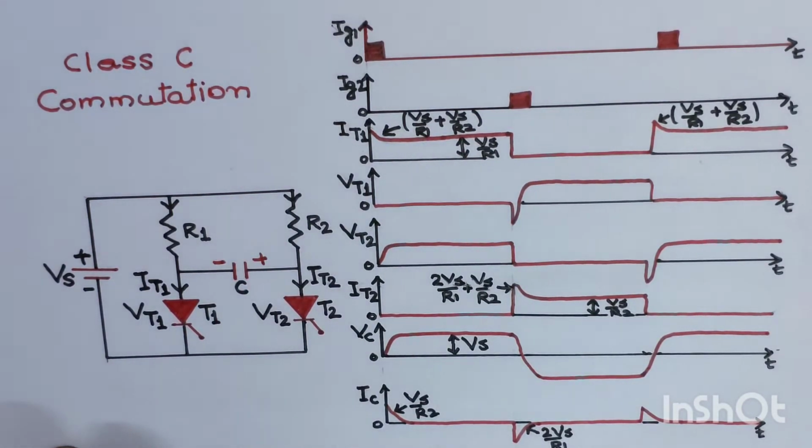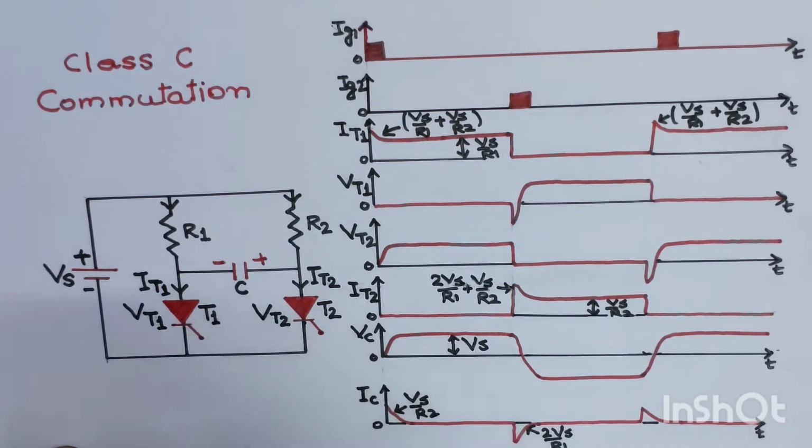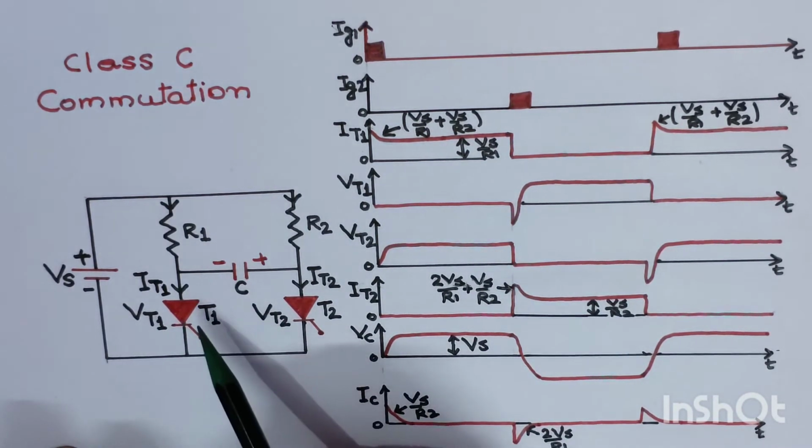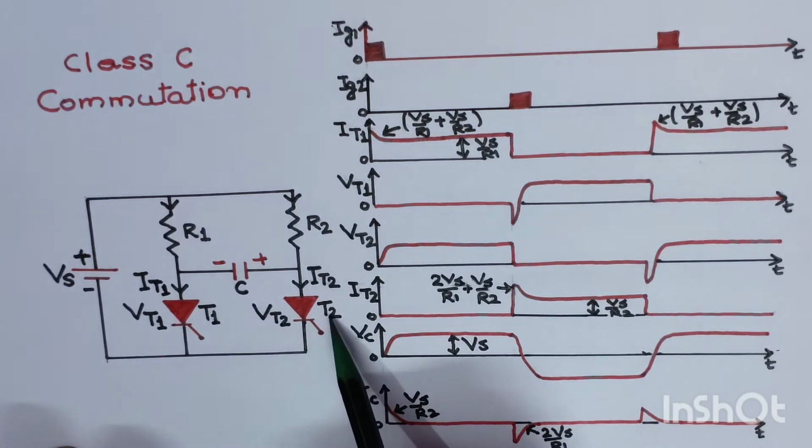This is the first situation, when the capacitor is getting charged and current is flowing through the thyristor T1. Now we want to switch off the thyristor T1. As the name implies, it is a class C commutation, so we will give a trigger pulse to thyristor T2.